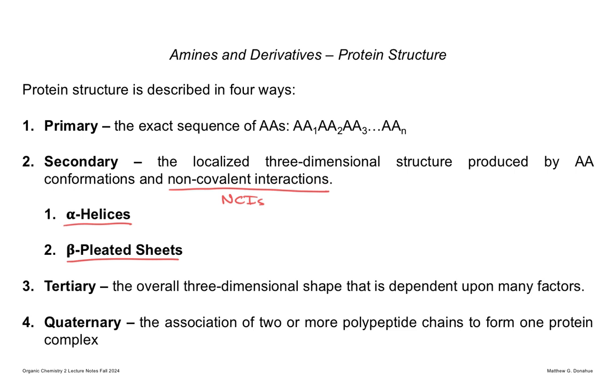So the sequence is made up of the amino acids, but then they start forming these other structures that result from non-covalent interactions. The tertiary structure is the overall three-dimensional shape, and then quaternary is the association of two or more polypeptide chains in a protein complex.